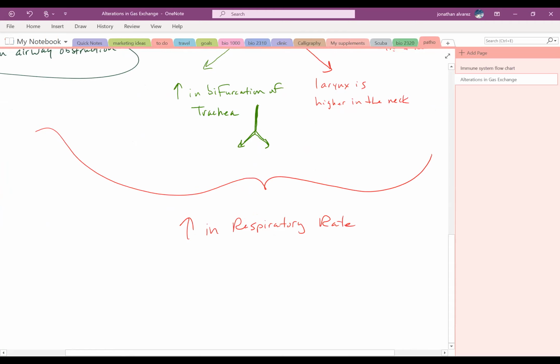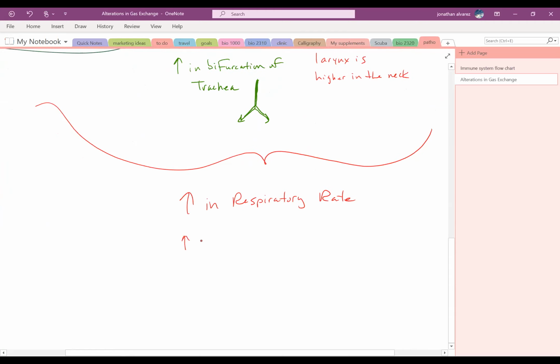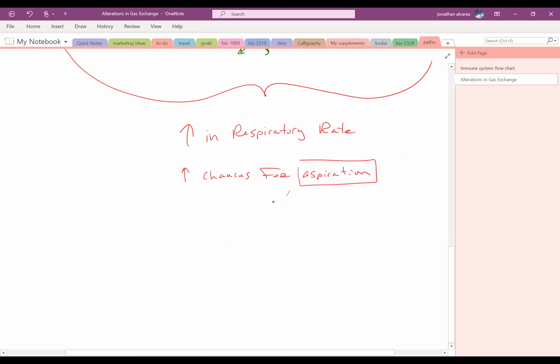Okay. This can also increase chances for aspiration. Okay, in other words, something getting stuck in the lungs. Okay, and if that happens, then you risk infection.